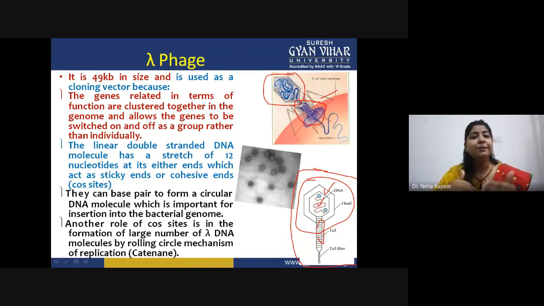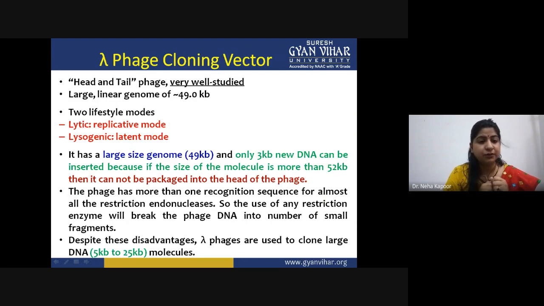Before the insertion into the bacterial genome, these sticky ends bring about the circularization of this genome when it gets inserted into the bacterial genome so as to form a prophage. Another very important role of these cos sites is the formation of a large number of lambda DNA molecules by rolling circle mechanism, by catenane formation.